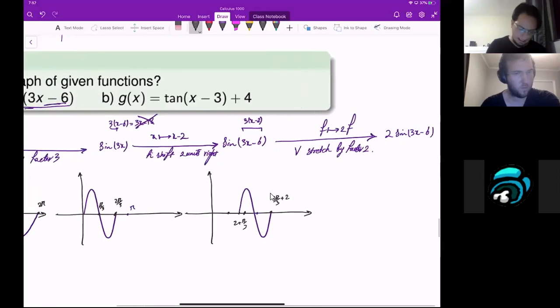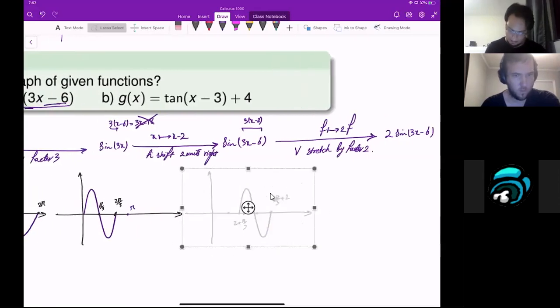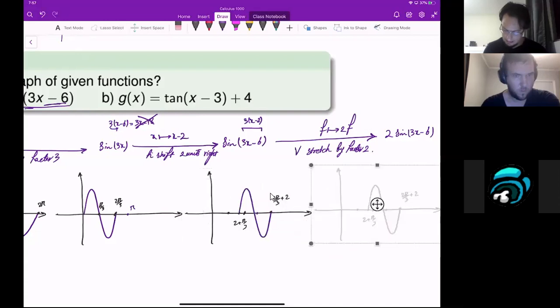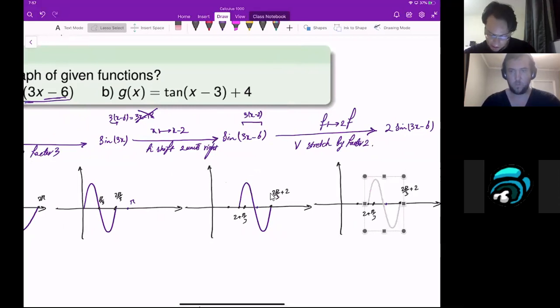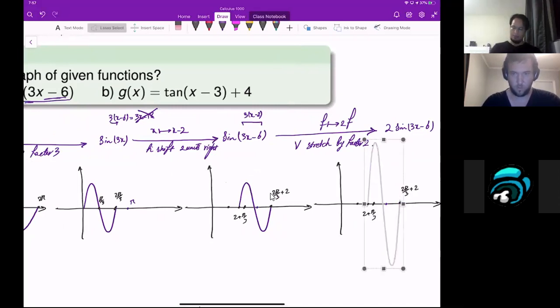And then the last step is, okay, you have this, copy, and then paste. This is vertical stretch. You do everything by factor 2. Yeah, something like that. So before it would go from minus 1 to 1.